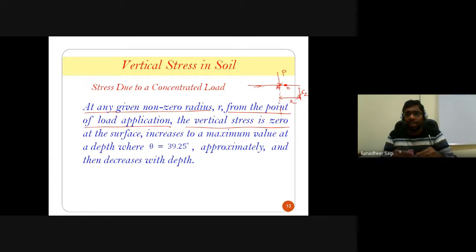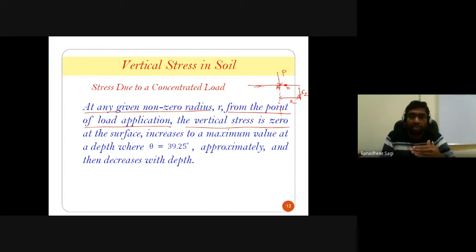Why? Because the load is not getting transferred onto particle B. So at that non-zero radius r, the stress developed at the surface is zero.